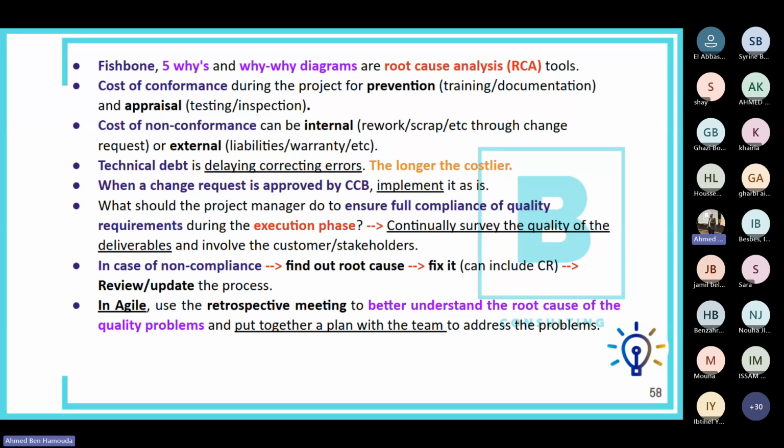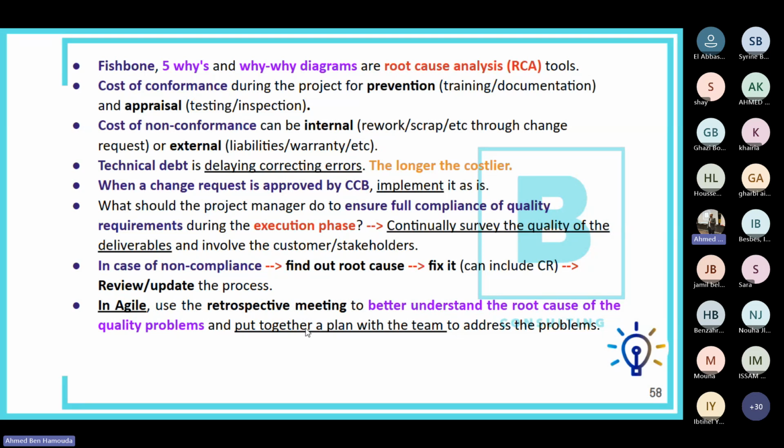Here PMI will try to test your knowledge about the steps in the process in case of non-compliance. Remember, non-compliance is a process. Then there are certain steps to be taken, okay? And then the kind of questions you will have here is, what will you do next or first?